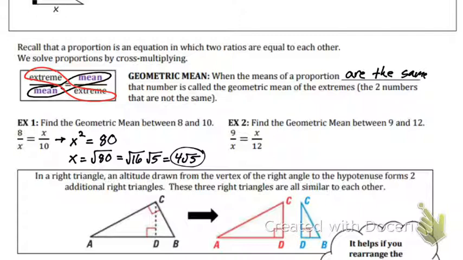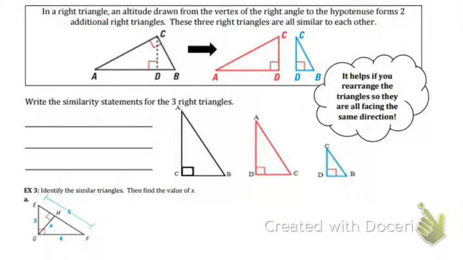All right. In a right triangle, an altitude drawn from the vertex of the right angle to the hypotenuse forms two additional right triangles. Think of an altitude of a right triangle. These three right triangles are all similar to each other.